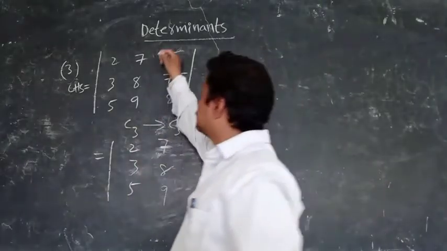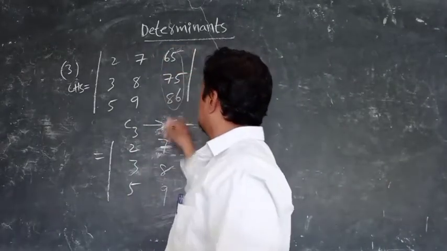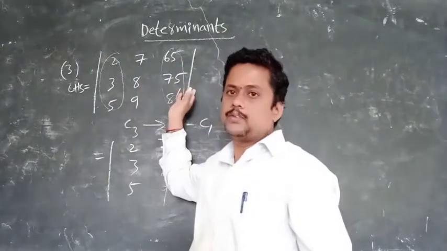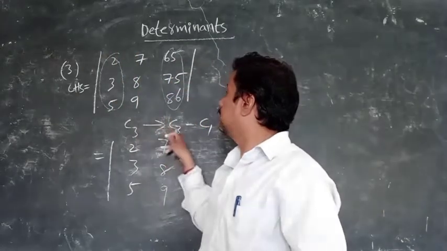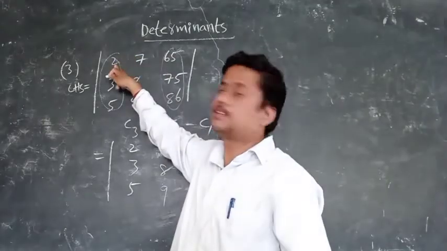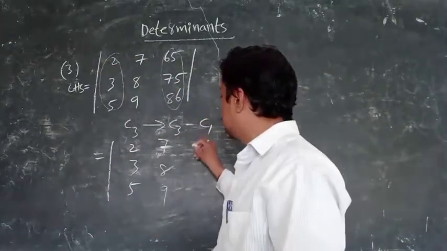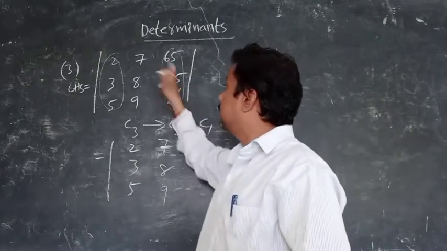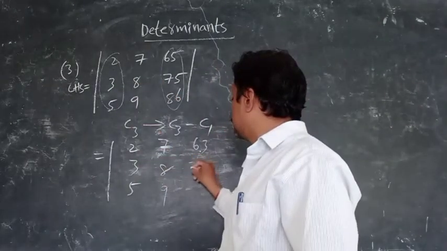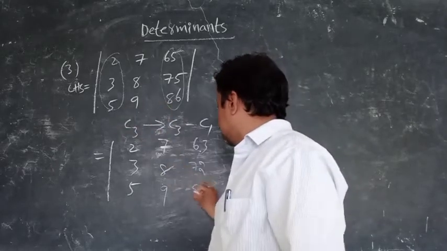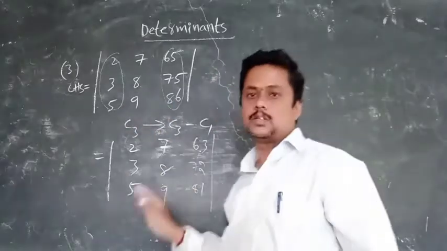C3 means this one, and C1 means this one. Fix these two. First take C3 minus C1: 65 minus 2 is 63. Right here, 75 minus 3 is 72. Next, 86 minus 5 is 81. The first step is over.